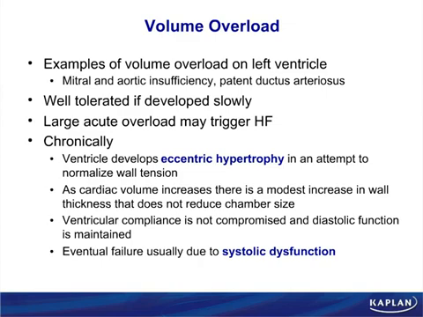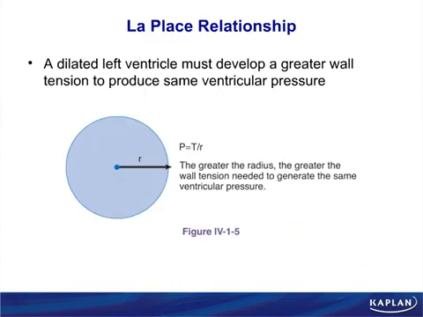period of time. When a heart gets dilated, one of the things to look for on Step 1 is this idea of the law of Laplace. Here we've rearranged the law of Laplace to tell us that pressure equals tension over radius. This greater radius means I have to generate a greater wall tension in order to get the same ventricular pressure.